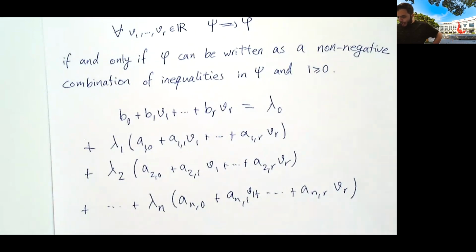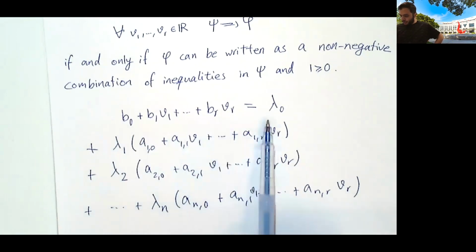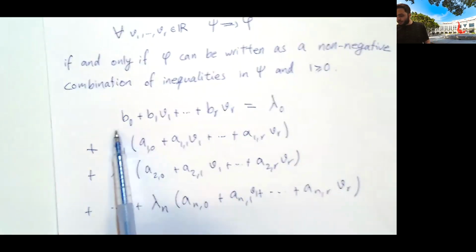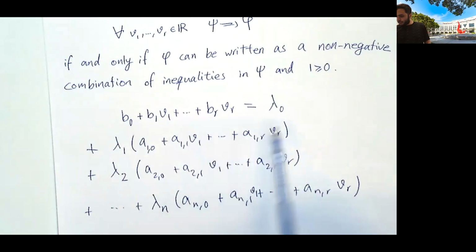Okay, and note that this equality should hold for all values of the variables v1 to vr. So I have a linear inequality, and this linear inequality holds for all values of v1 to vr. What does that mean? That means that the corresponding coefficients should be equal on both sides. So on this side, I have b0, and on this side, I have lambda 0, right?